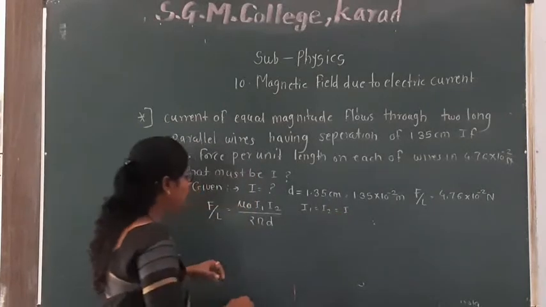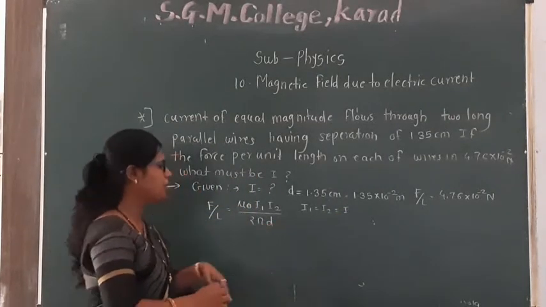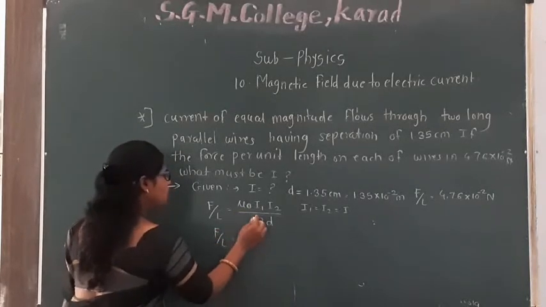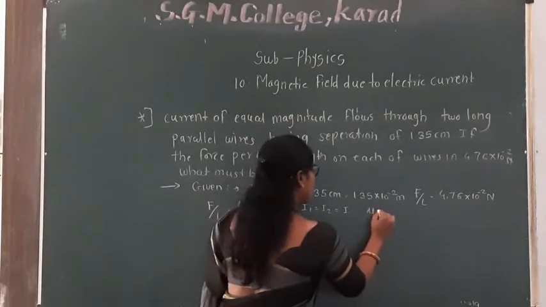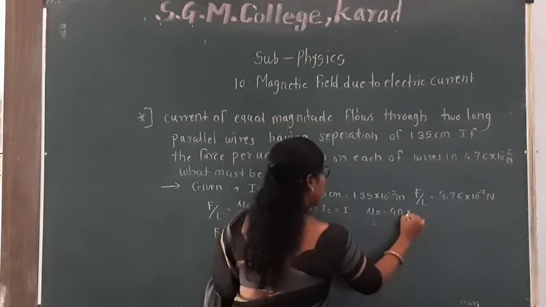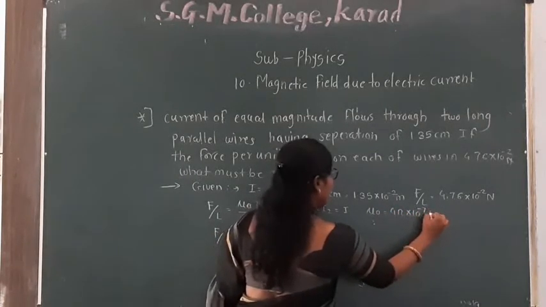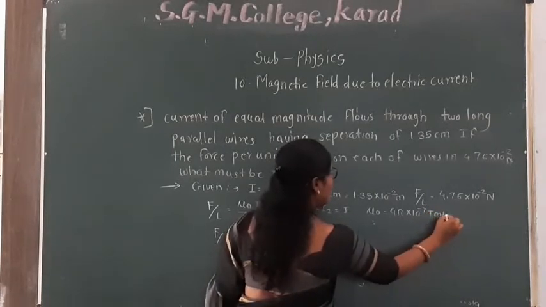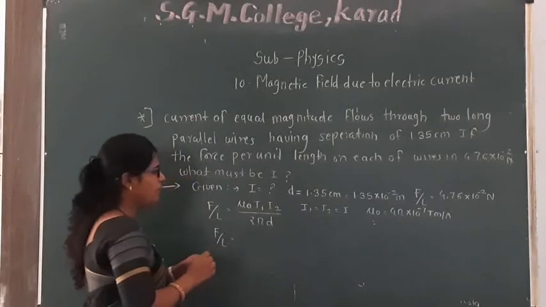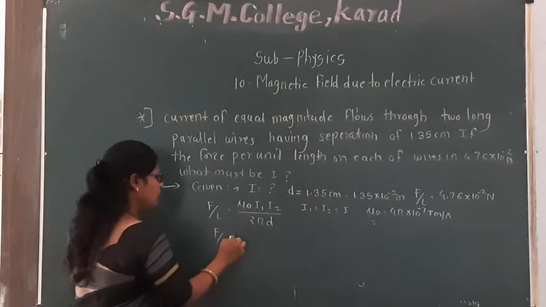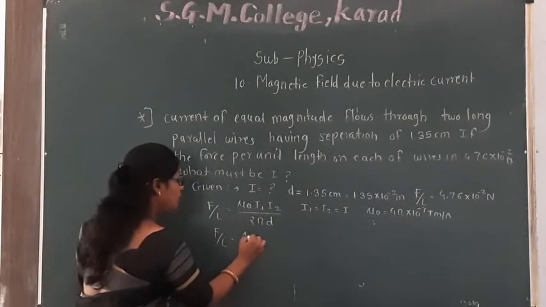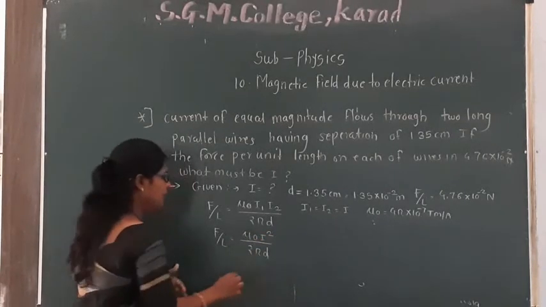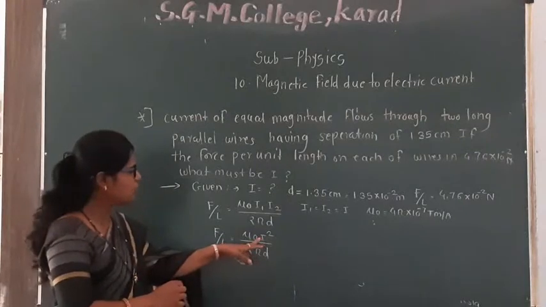equal to I. So substituting I1 and I2 as I, we get F upon L is equal to mu 0 I square upon 2 pi d. You know mu 0 is equal to 4 pi into 10 raised to minus 7 Tesla meter per ampere, or Weber per meter. Now we have to calculate the I square value.